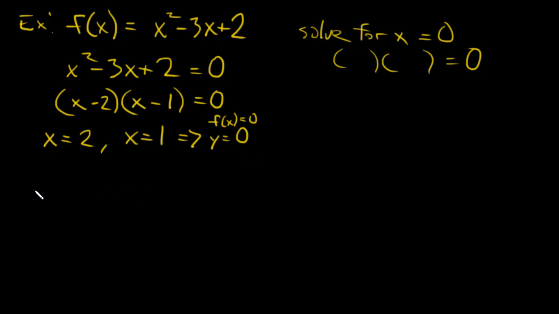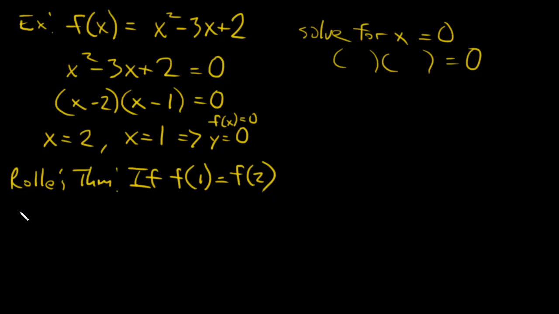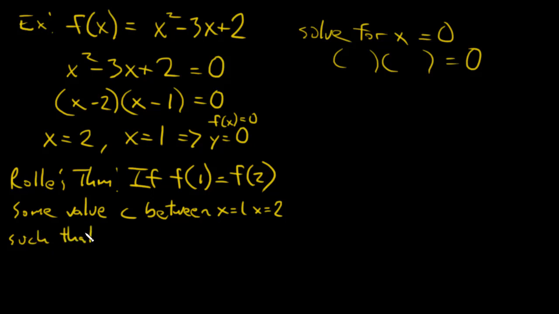This says that Rolle's theorem says that if f at 1 equals f at 2, there is some value c between x equals 1 and x equals 2, such that f prime at c equals 0.